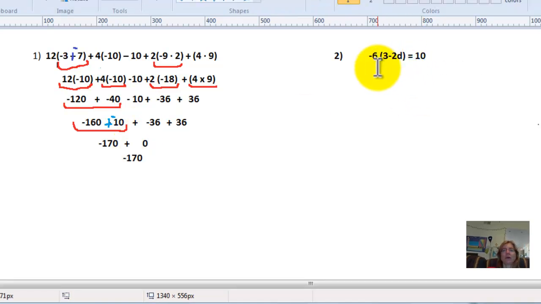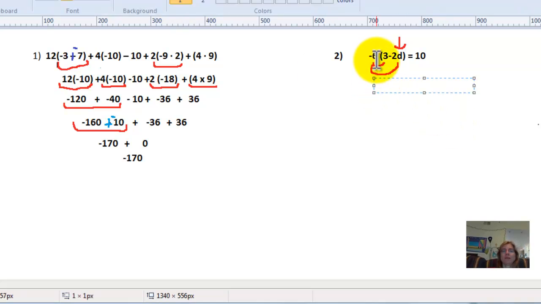On number 2, what we're going to do with this one, because we have a variable that we're going to solve for, we can't solve inside the parentheses. We have to use the distributive property. And then we could start to solve for the variable. So you multiply negative 6 times 3, and then negative 6 times negative 2d.